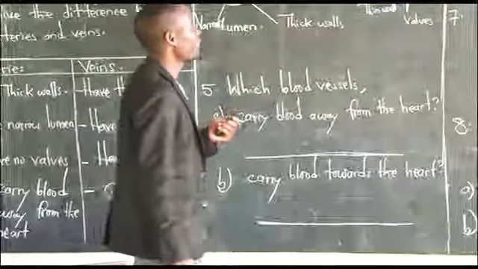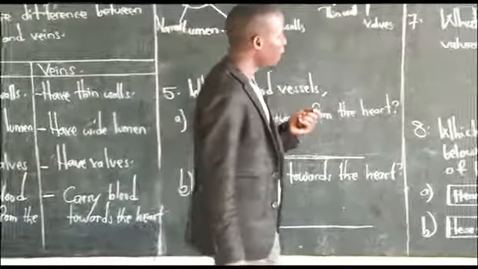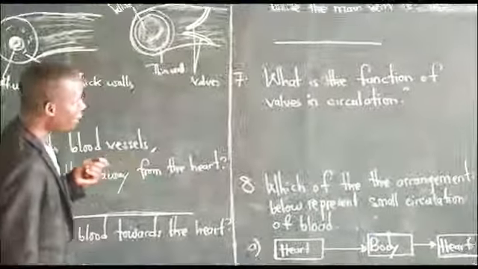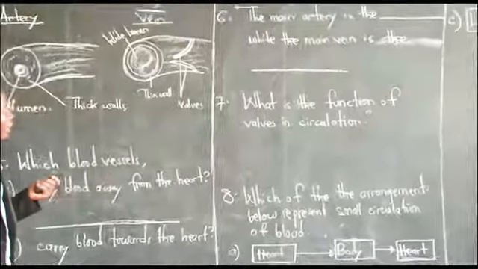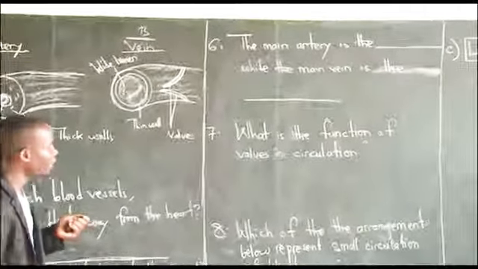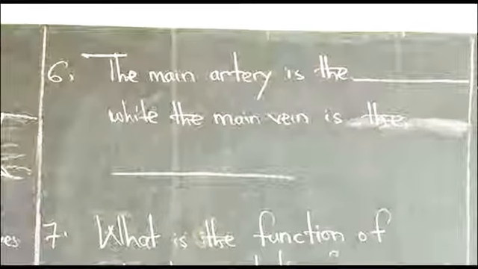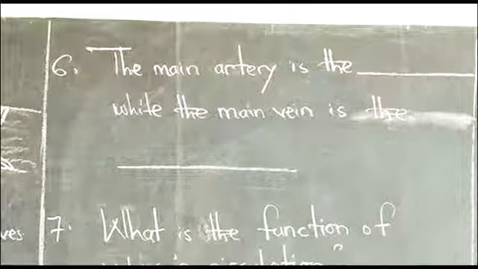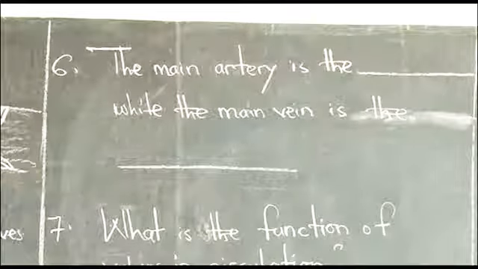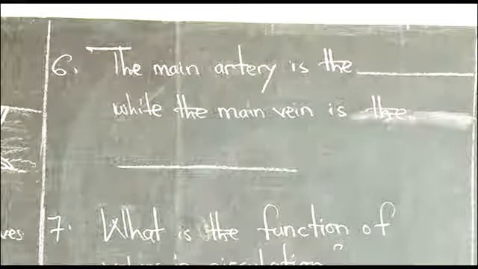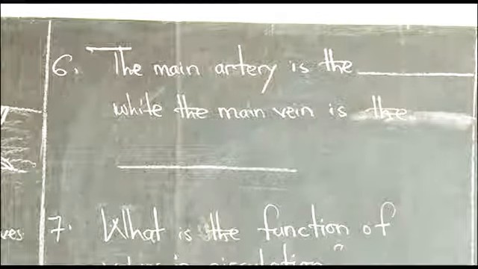And then we move to the next number, that is number 6. We asked, the main artery in the body is the dash, while the main vein is the dash. Yes, we talked of this. Which is the major artery? Which is the major vein? We talked of the aorta as the major artery and vena cava as the major vein.